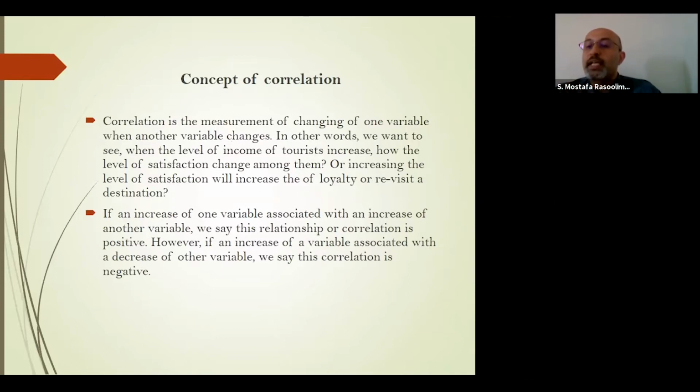Correlation is between -1 and 1, right? Okay, before going to the numbers, here I have some explanation about correlation. Here I explain loyalty and revisit intention and destination. But if we investigate a causal relationship between loyalty and revisit intention, then it is not correlation.